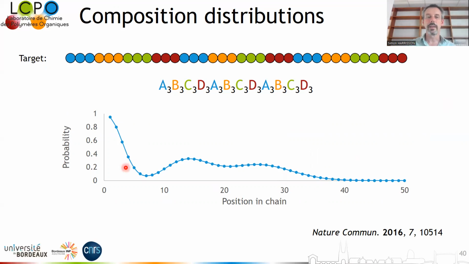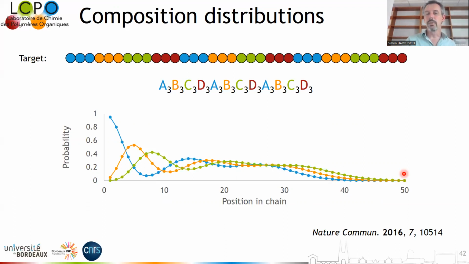And so what we can see is that at the beginning of the chain, we have a very high probability of finding monomer A. And as we go through, that decreases. So by the time we get to about the 6th unit in the chain, we have a very low but non-zero probability of finding monomer A there. And it rises up a bit, but we never really get to a very high probability. And basically everything just flattens out. So we start to lose that long-range order.